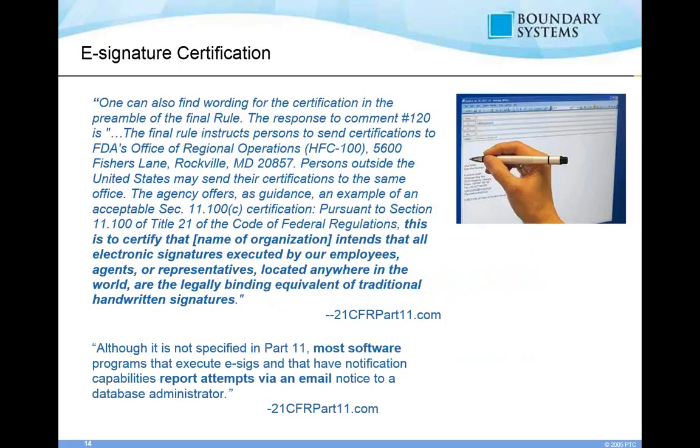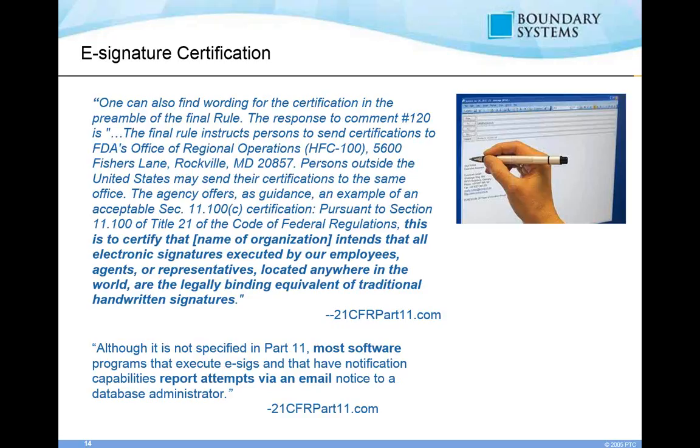So e-signature certifications: one can also find wording for the certification in the preamble of the final rule. The response to comment number 120 is the final rule instructs persons to send certifications to FDA's Office of Regional Operations, and so on.